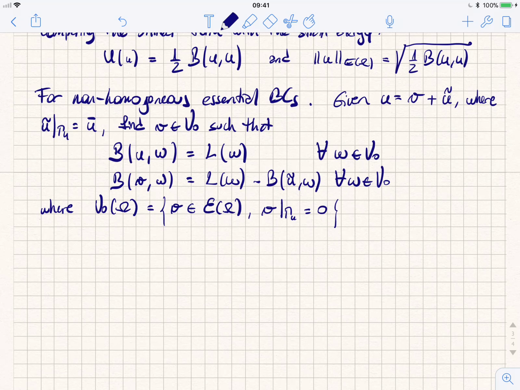We want to use the Bubnov-Galerkin approach. That means we're taking both the trial solution and the weight function from the same space. This is called V naught. V naught has 0 value at the boundary where we're prescribing the displacement. And so we're expressing our trial solution in this form, composed of one of the functions taken from this space, V naught, plus a function that happens to satisfy the Dirichlet boundary condition.